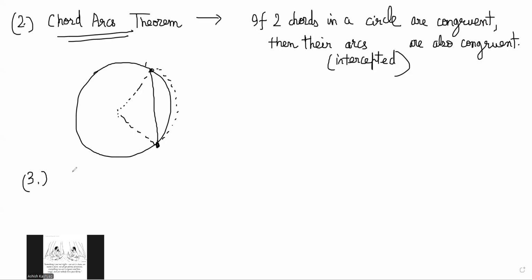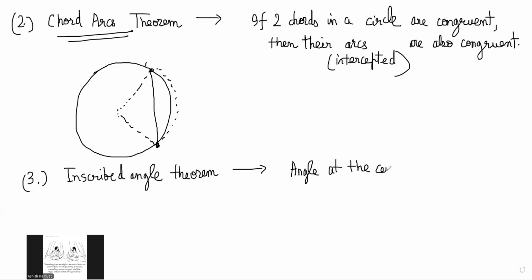Third one is the inscribed angle theorem. It basically means that the measure of an angle inscribed in a circle is 1/2 of the angle at the center. Basically, the angle at the center is twice the angle on the circumference, if both angles are coming from the same chord.